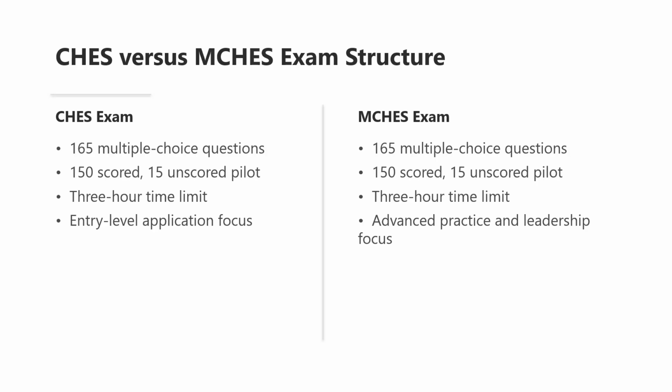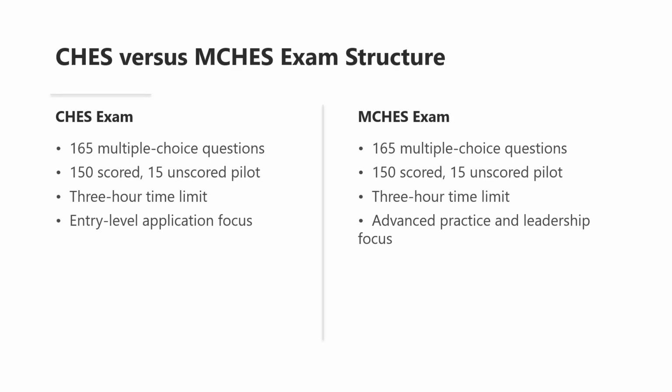Now here is something really important for you to know. Out of those 165 questions, only 150 are actually scored and count toward your result. The remaining 15 are unscored pilot questions that the National Commission for Health Education Credentialing, or NCHEC, is field testing for possible use on future exams.